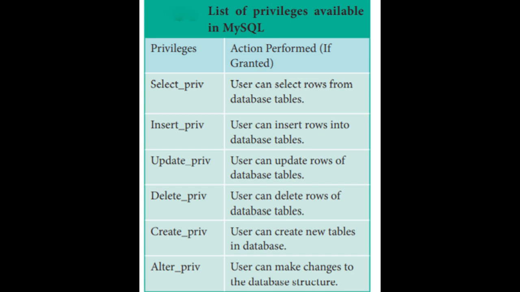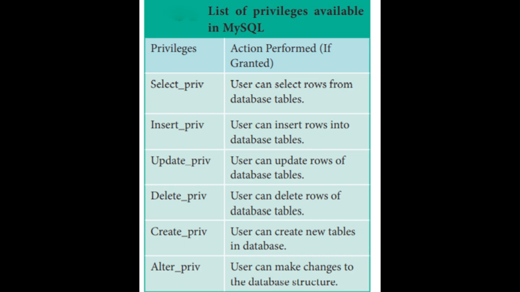And if you want to create a new table, you can use create privileges and the user can create the new table in the database. And if you have one table and you want to change something, the user can also make changes in the database structure. That we can do by alter privileges command.